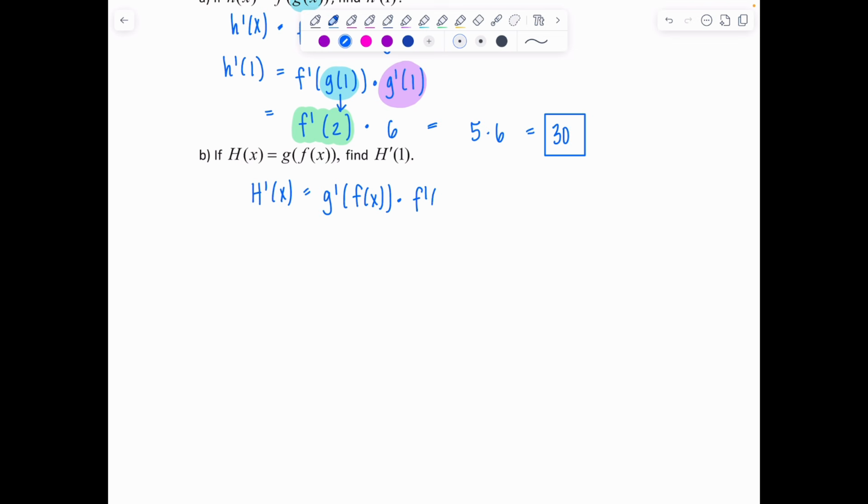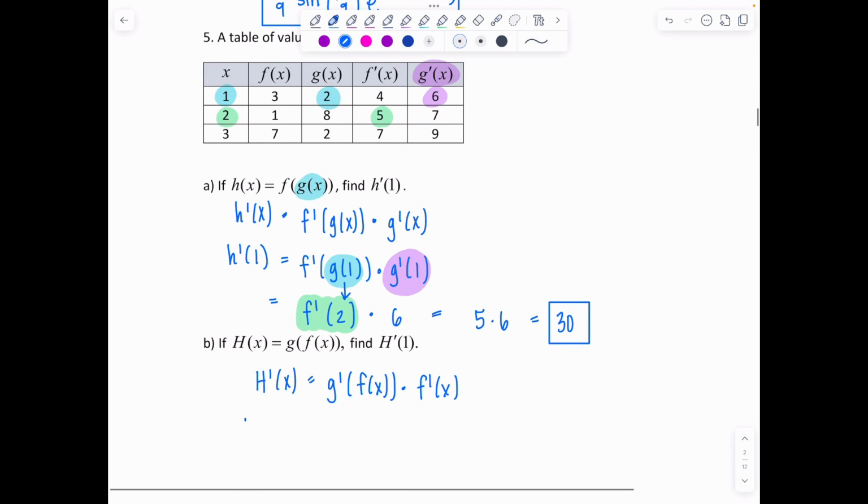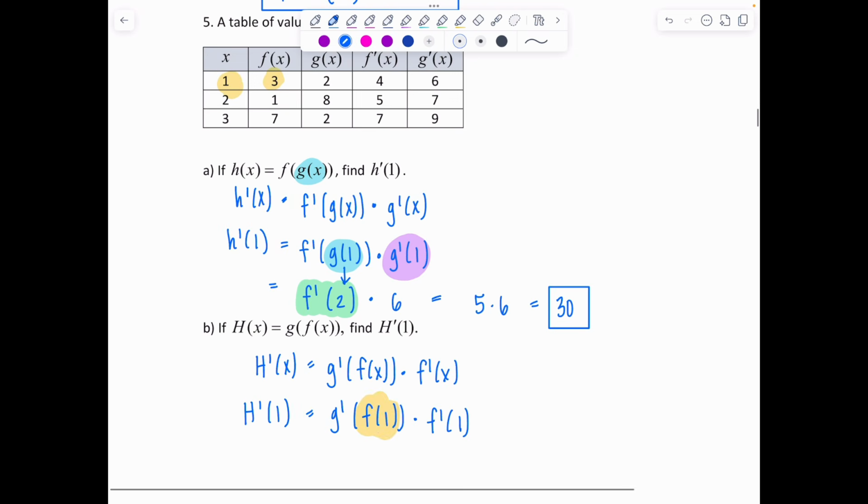Good. Now we go to the table because we need h prime of 1, right? So it's going to be g prime of f of 1 times f prime of 1. Let me erase all the colors from before so they don't confuse you. Okay, f of 1 is 3, so this will get replaced with a 3, and then keep that g prime there.